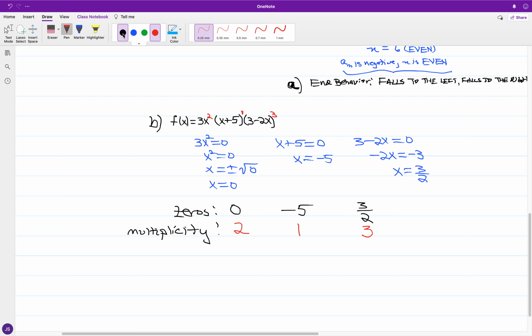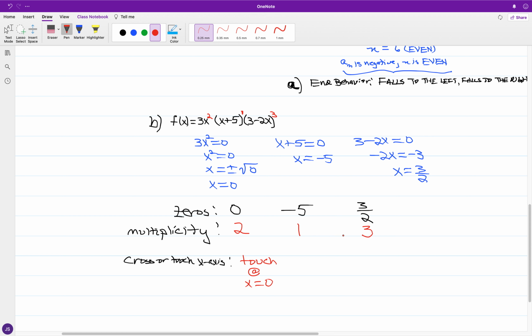And in terms of whether the graph crosses or touches the x-axis, 0 has an even multiplicity, so it's going to touch at x equal to 0.